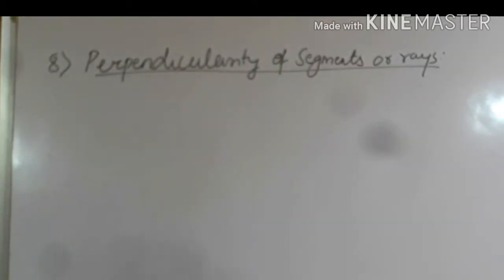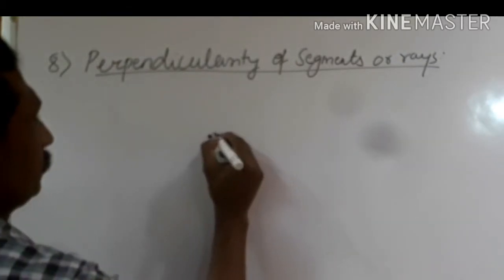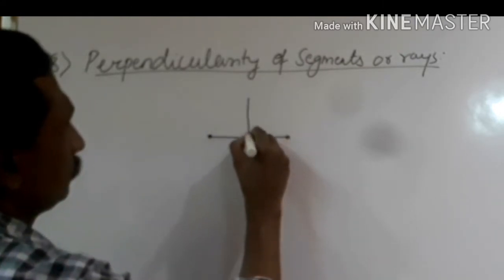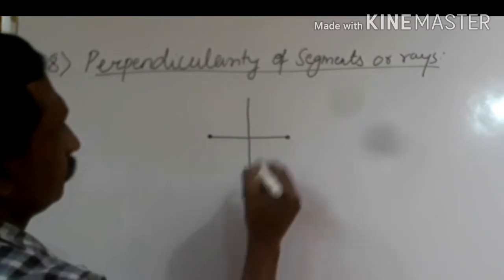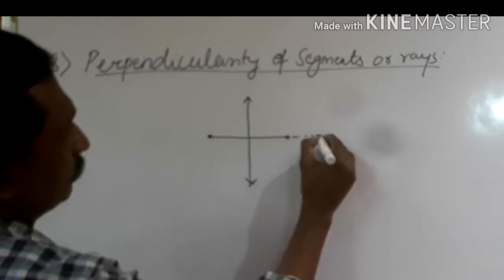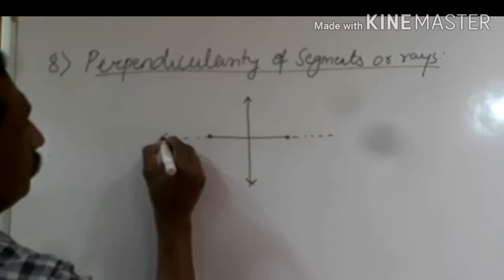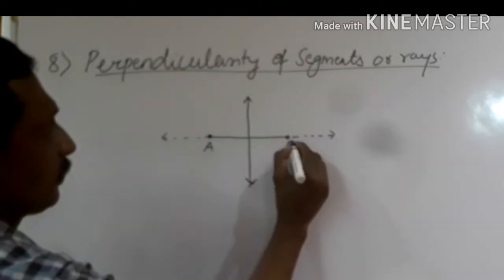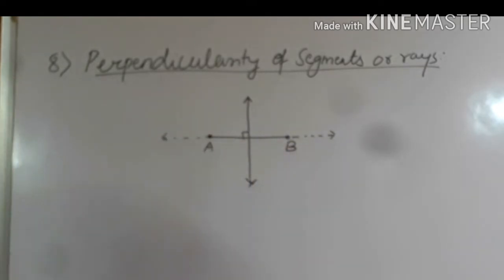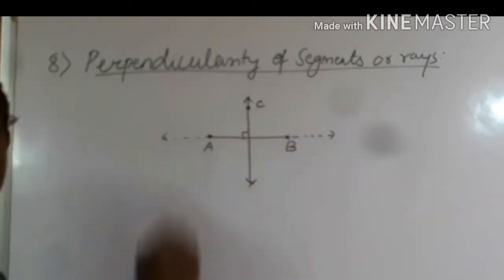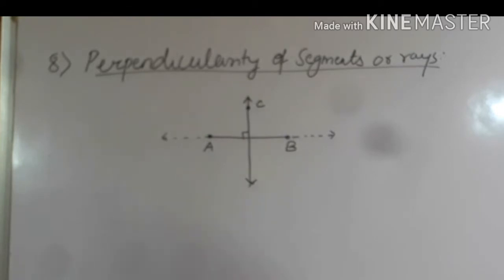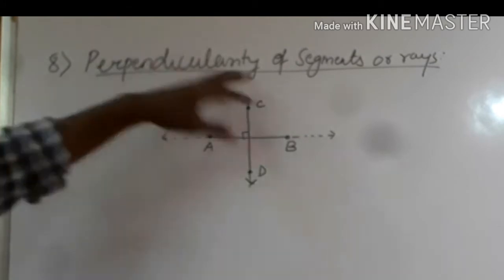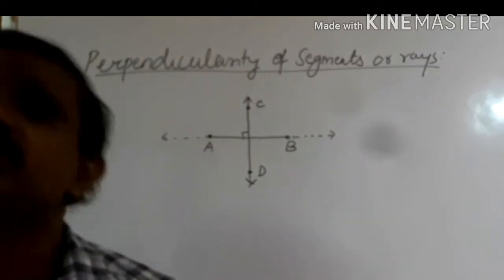For this, we will draw, we'll name this AB. Here we will have point C and here we will have point D. Let's say perpendicularity of segments or rays.